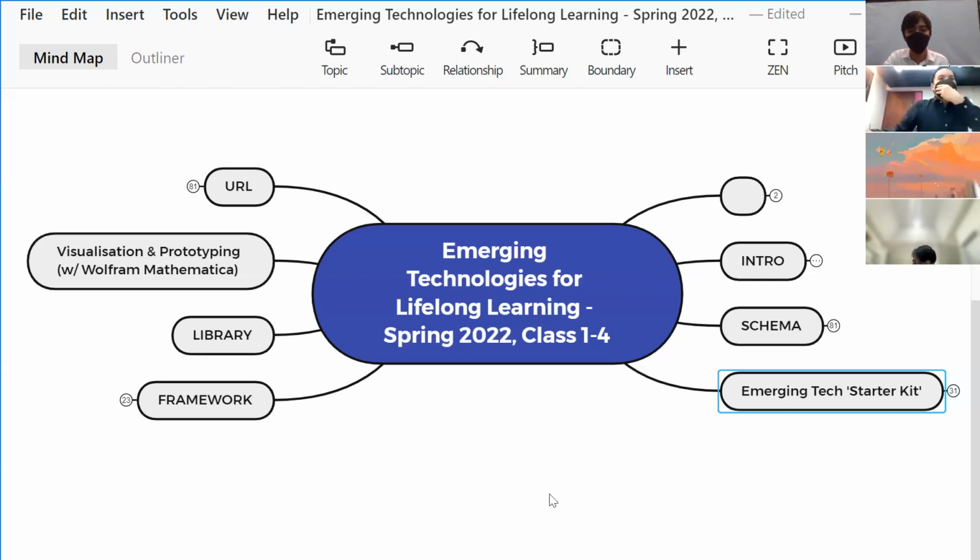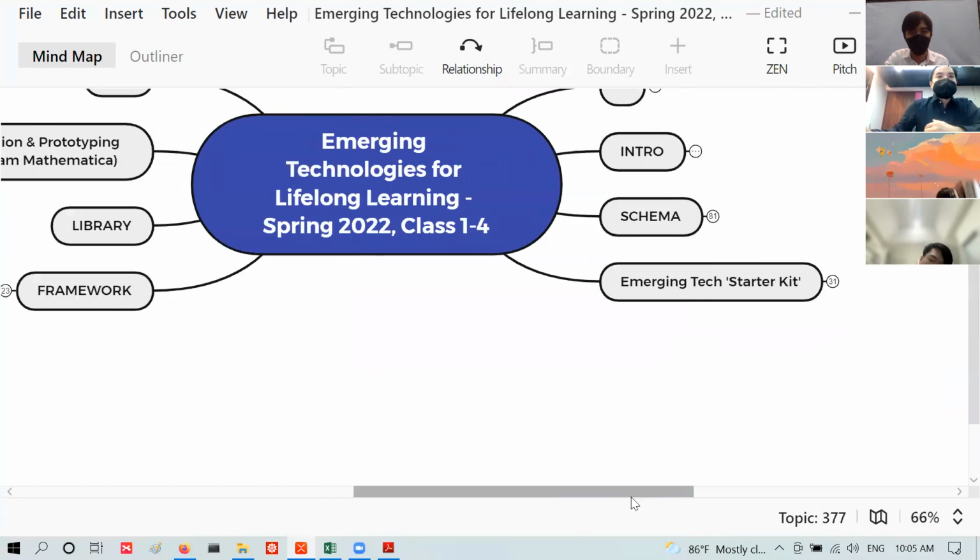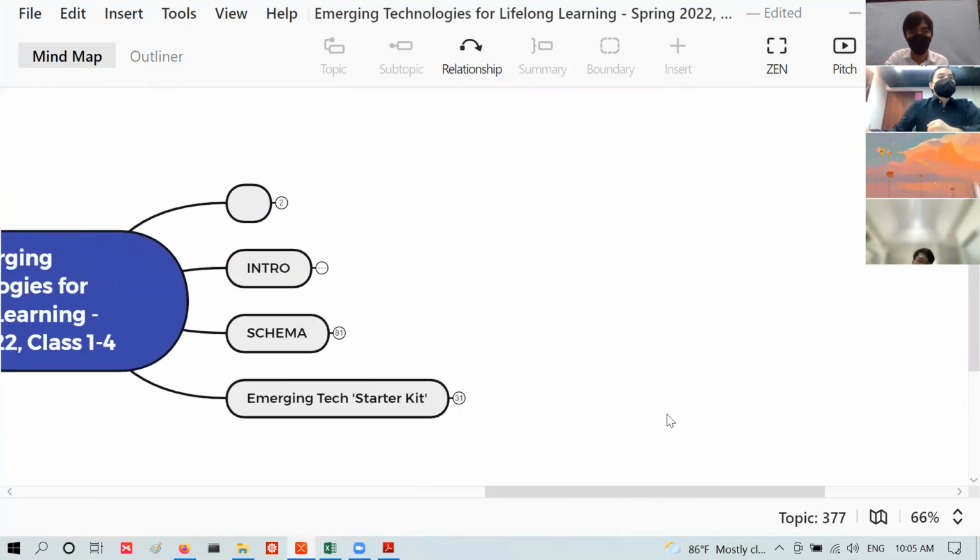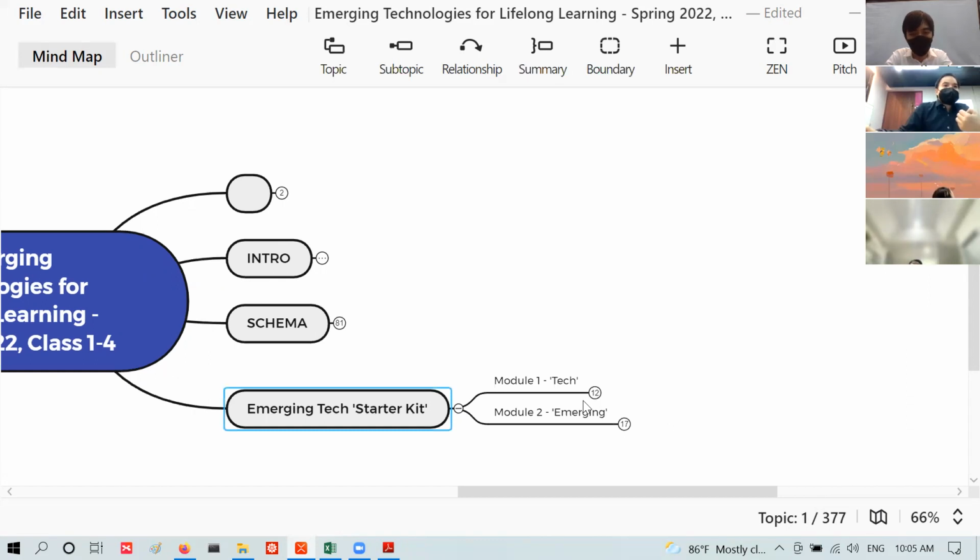Again, it's a framework for thinking about and studying things. It's almost a schema, but I'm putting it under framework because it gives you an enumerated list of items that you can anchor your analysis on. Okay, so there are two parts to this.